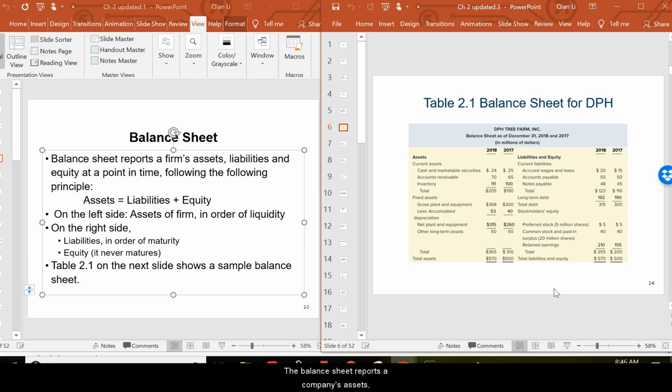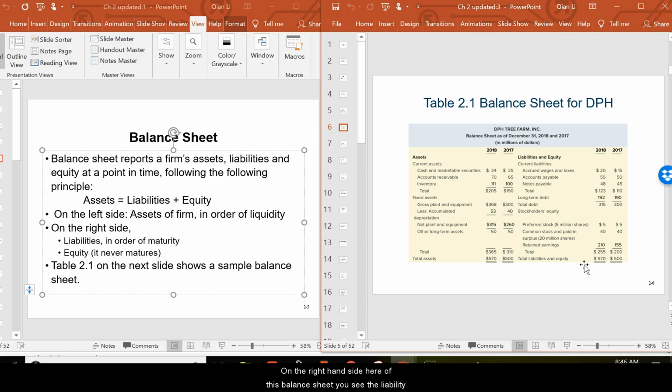The balance sheet reports a company's assets, liabilities, and equity at a point in time, based on the principle that assets equal liabilities plus equity. On the left side, we have the assets of the company, and as we will explain later, these assets are ranked in order of liquidity.